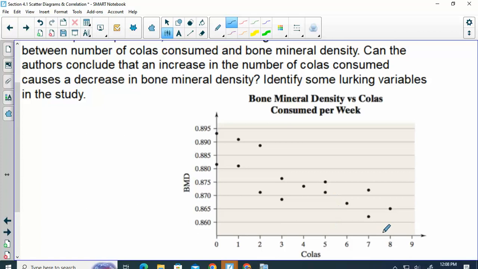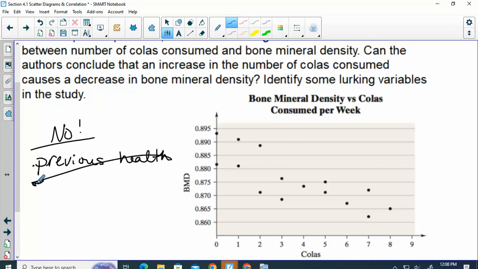Can we say that drinking more soda would cause your bone density to decrease? No. We can say they're related, but we can't say one caused the other. What could be some lurking variables we had? Previous health issues. Okay. Genetics. What else?